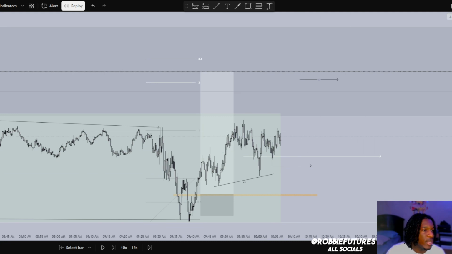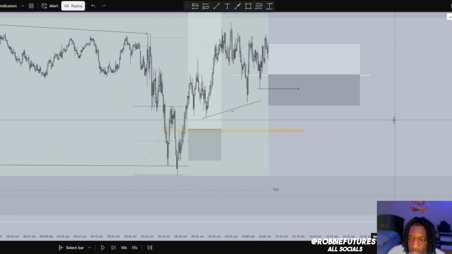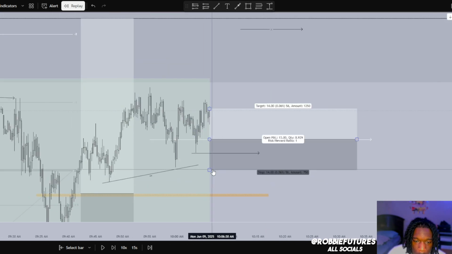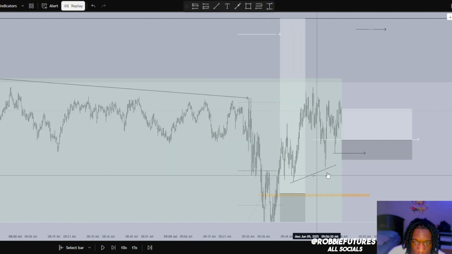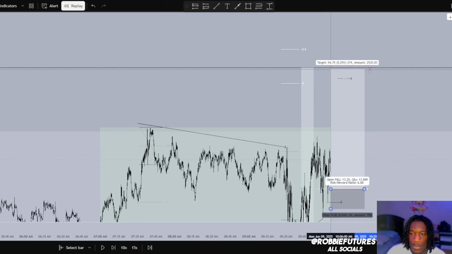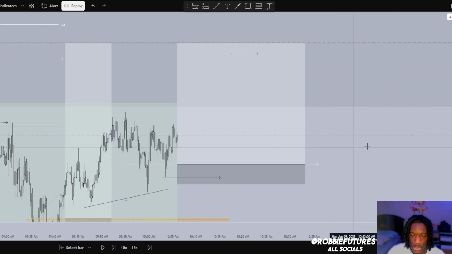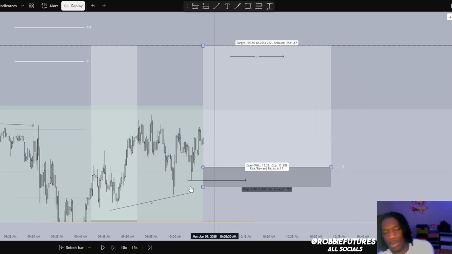So right after I get that, I place my limit on the bottom of this 15-second fair value gap. I place my stop, this body's low. And my target is this high. After this, it's just about managing the trade.